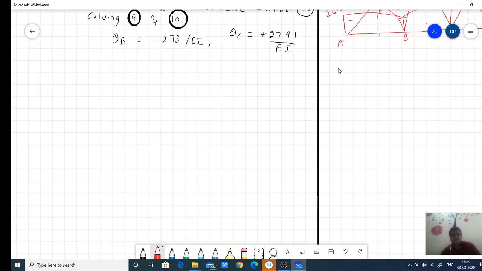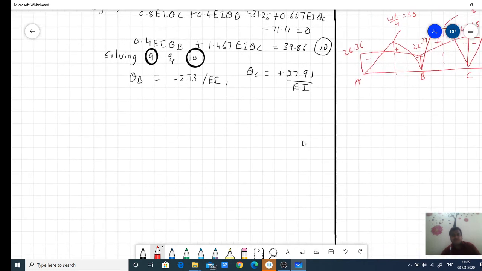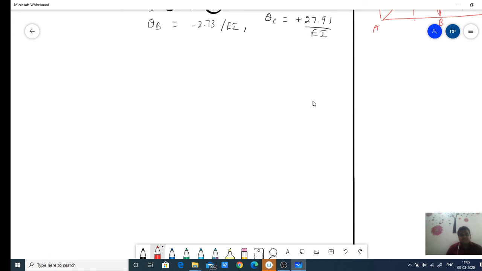Whenever I need to find the shear force diagram, I need to have the moments here. So first I will just draw the loading diagrams, so that it will be easy for you. I am just drawing the diagram as it is. This is the 50 kilonewton load given.